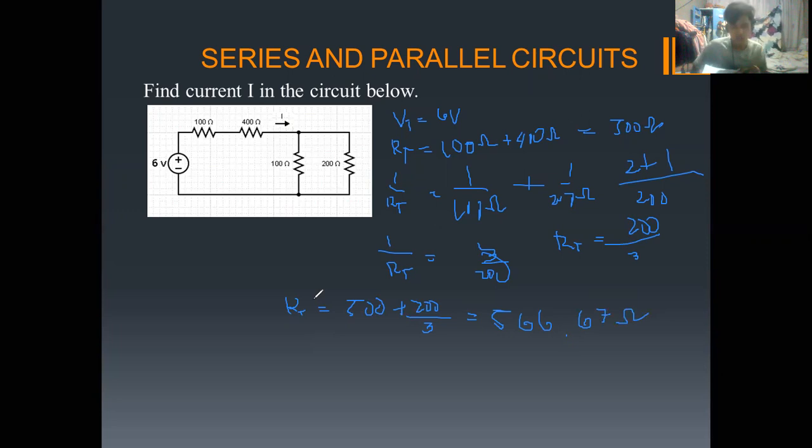Yun yung R total natin. Ngayon, para makuha natin yung I total, equal yan sa V over RT. Given natin na V is equal to 6 volts over R total natin is 566.67 ohms. So, I natin is equal to 0.011 ampere.